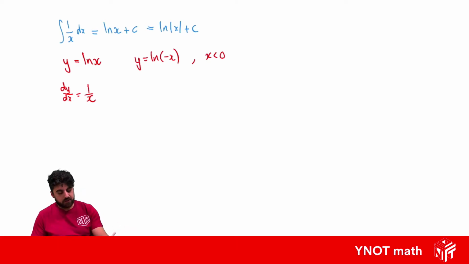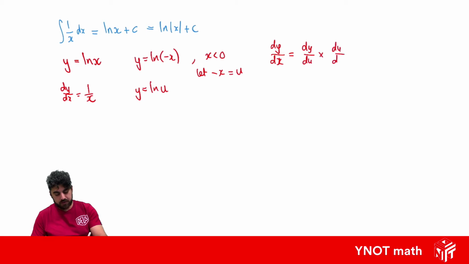And if we have this situation, let's let minus x equal u. So we're going to have y equals the natural log of u, and to find the derivative with respect to x, we're going to use the chain rule, knowing that this will be equal to dy/du multiplied by du/dx, because the du's would cancel and we'd end up with dy/dx.